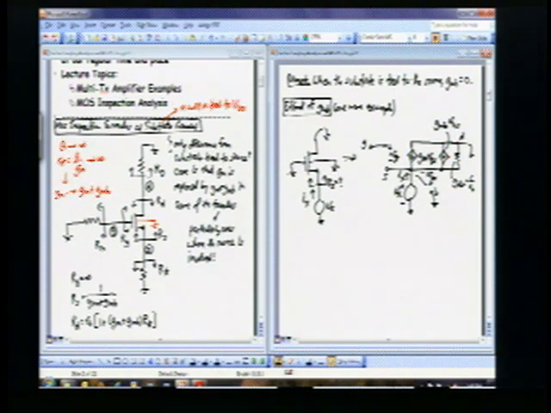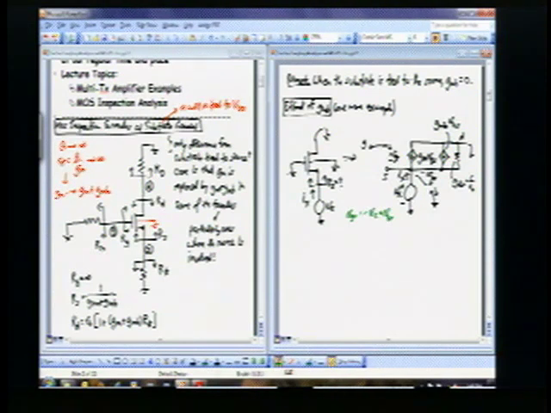Okay? And with this, I can pretty quickly write down some expressions. For example, VGS: just by looking at the polarities with Vx right here, that's going to be equal to minus Vx. And looking at the polarities with VBS, that has the opposite polarity of Vx as well, so this is also equal to VBS.